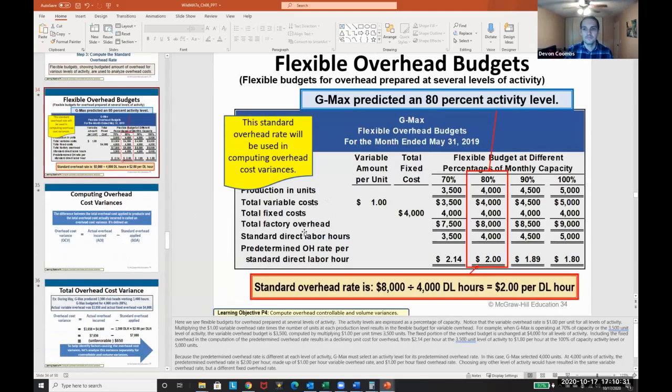And so here is an example of a flexible overhead budget where they predict an 80% capacity level or activity level to determine the standard overhead rate. And so this is getting a little too complex. The whole thought here is that you can figure out a predetermined overhead rate by a flexible budget.